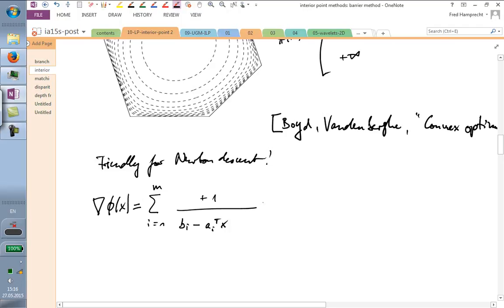And then the derivative of the argument itself. And this thing here is a scalar, and that is a vector.